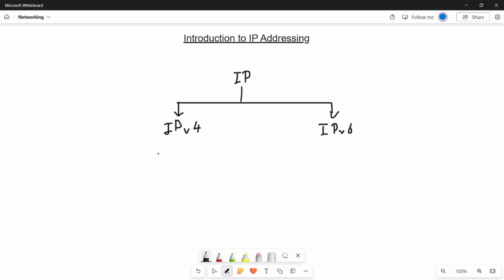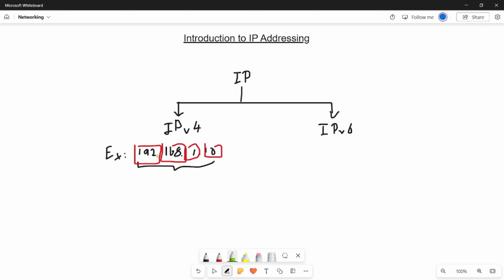When we consider an example of an IPv4 address, we can say 192.168.1.10. It is an example of an IP version 4 address. In this IP address, we can see this is one slot, this is another one, and another, and another.